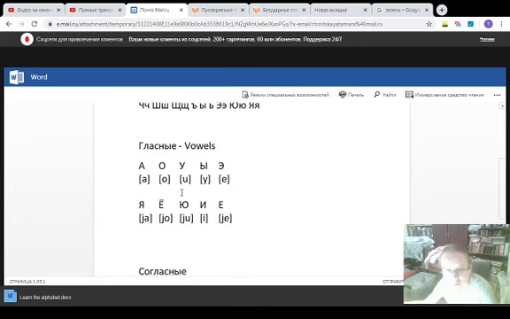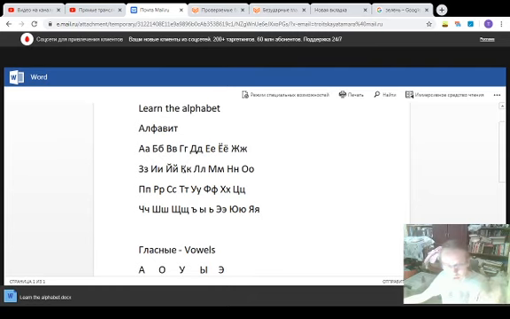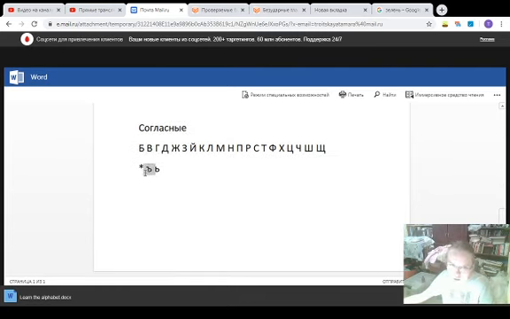Okay, let's make a short summary. We have the alphabet, 33 letters. We have vowels, consonants, and two other letters, which are marked with an asterisk.